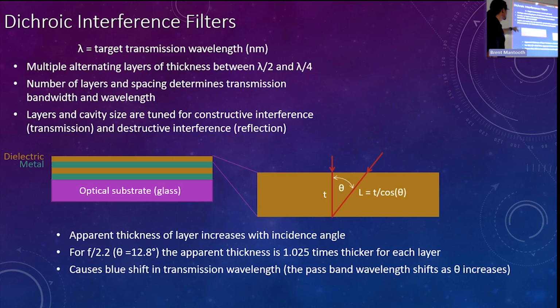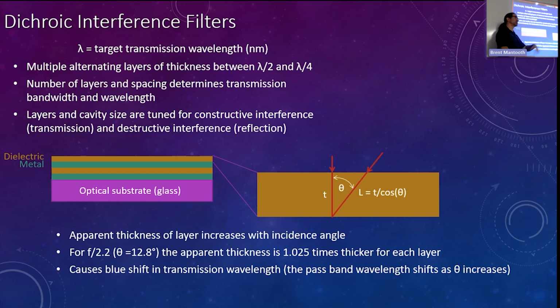The way that these are constructed is that you have an optical substrate like silica or glass, and then they evaporate metals or dielectrics in many, many layers. And each layer is somewhere between lambda over 2 and lambda over 4, where lambda is your target transmission wavelength.